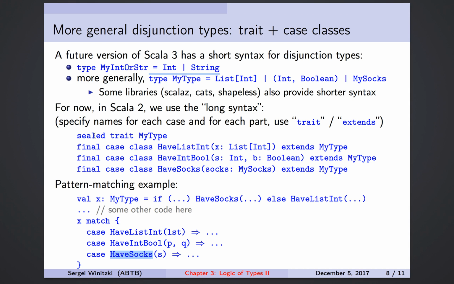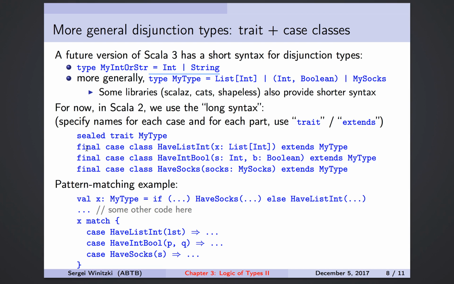So to prevent that, you say that my trait, called my type, is sealed. So only the domains of the disjunction that are listed next to it in the file, well, not necessarily next to it, but in the same file, only those exist, and no others may be defined later at any time.